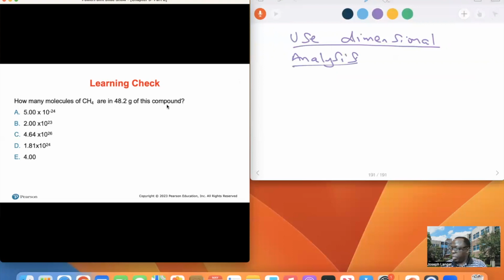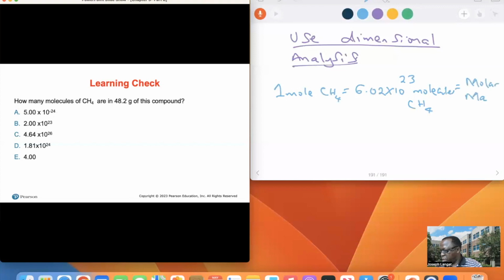At the outset, you need to understand that 1 mole of CH4 contains Avogadro's number, which is 6.02 times 10 raised to 23 molecules of CH4, which is equal to the molar mass.